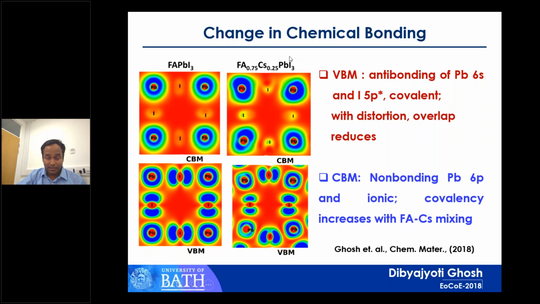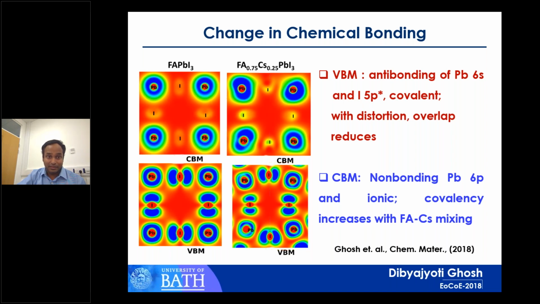But when we incorporate cesium in it, the conduction band is more covalent in nature now, because as you can see, this is the contribution of the iodine, and it is pretty clear that it starts contributing to the conduction band. So it's not as ionic as it was before, and you have covalency in the conduction band here.